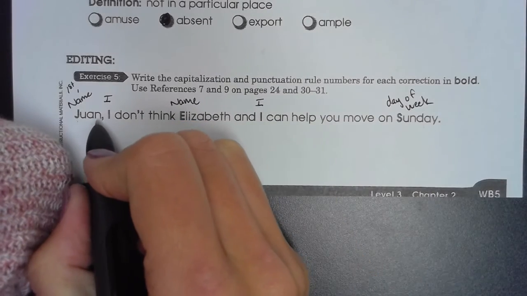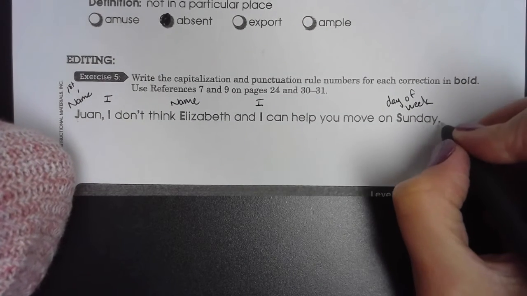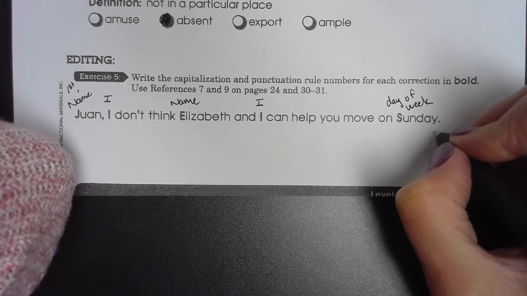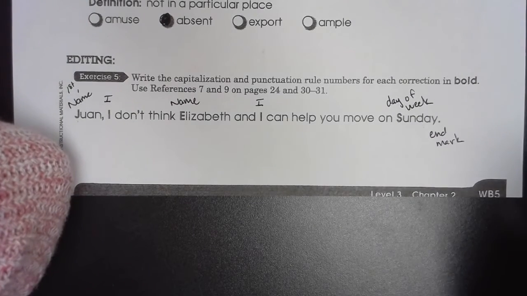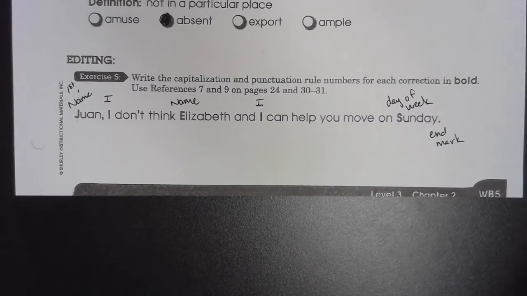Then let's go to our punctuation. The period. Sentences always end with an end mark, so you can just write end mark there. And then for one, why one is capitalized, we call that, it's kind of like our beginning phrase.